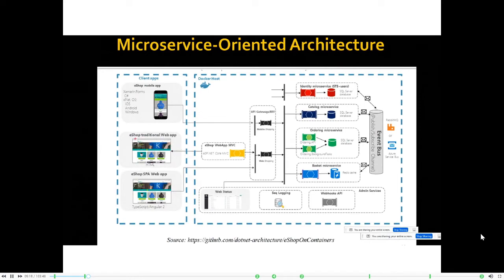If we're talking about an e-commerce traditional web app, when we're talking about e-commerce, classical components, what do we need to have? We need a component to handle items in the basket, and also an ordering component to process users' orders.